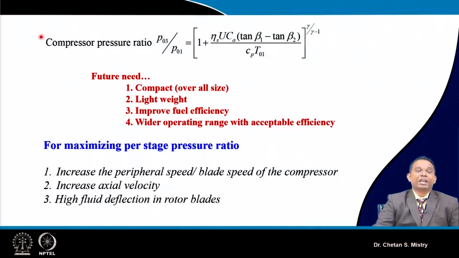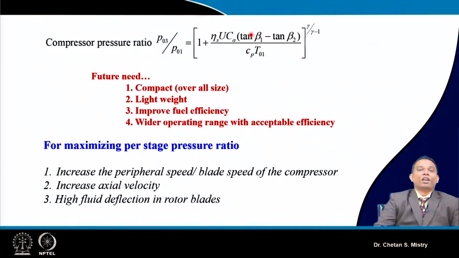So we can say the compression ratio for the axial flow compressor is a function of efficiency, peripheral speed, axial velocity, and beta 1 and beta 2. That we can represent as delta beta, the deflection angle, or the change in blade angles.